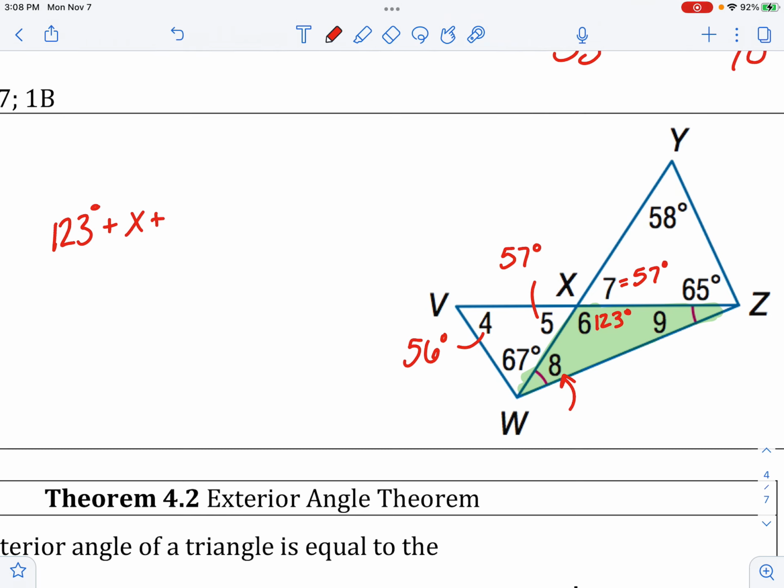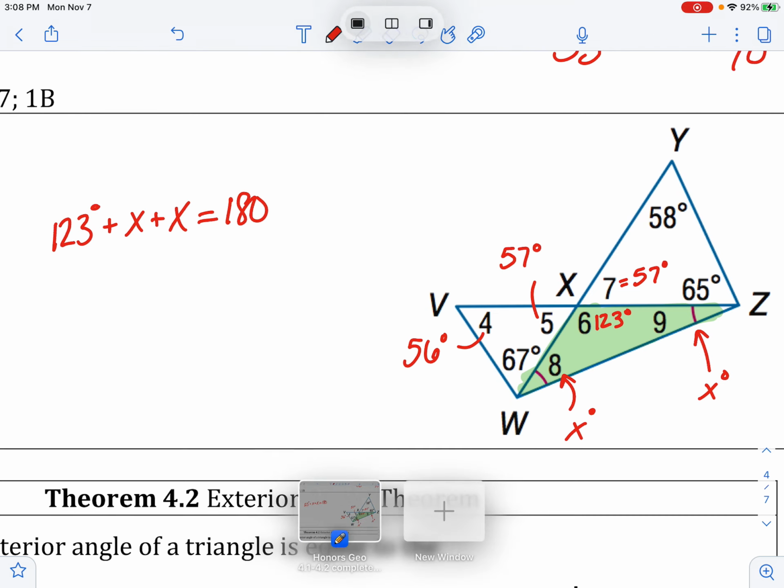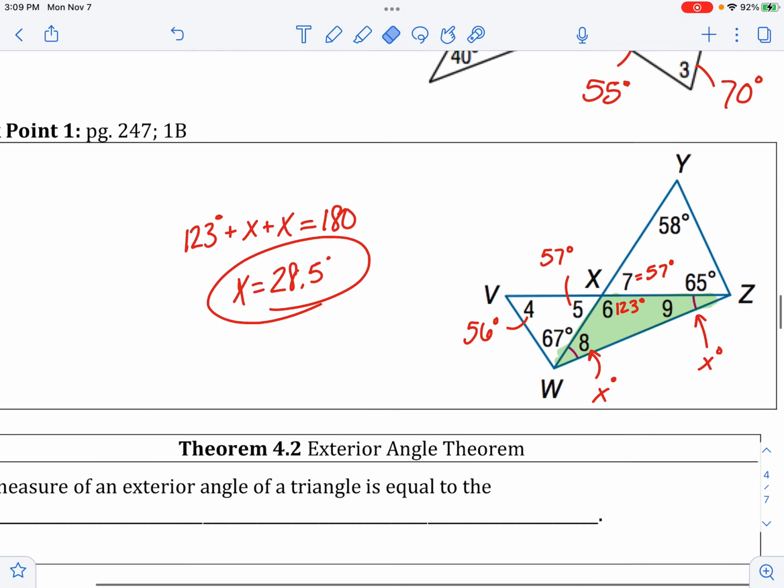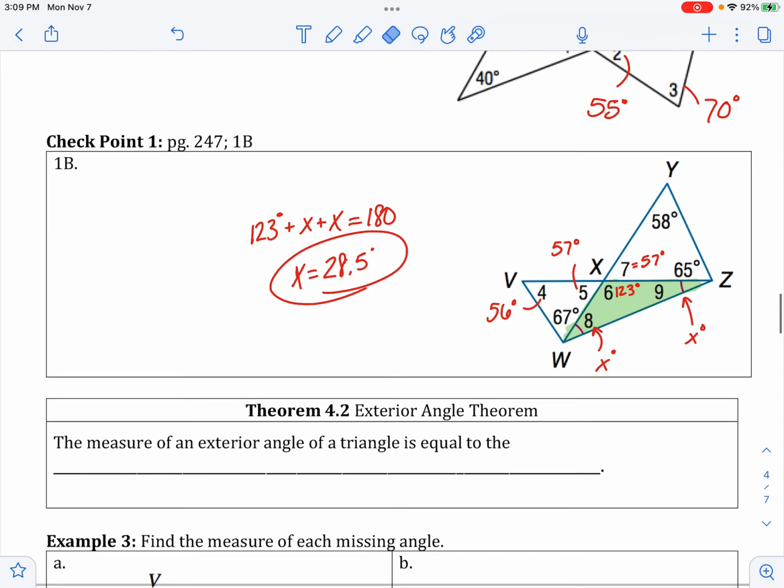Well, if 8 is x degrees and 9 and 8 are equal, then 9 should also be x degrees. So I should be able to add those three together to get 180. And x should be, let's see, that's 57, so 28.5 degrees. That's angle 8 and angle 9 should both be 28.5 degrees.